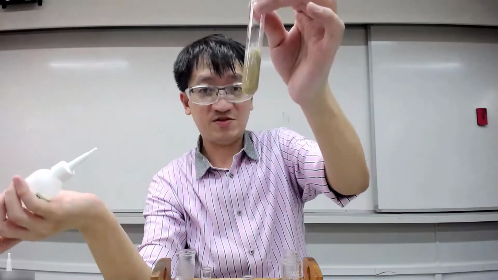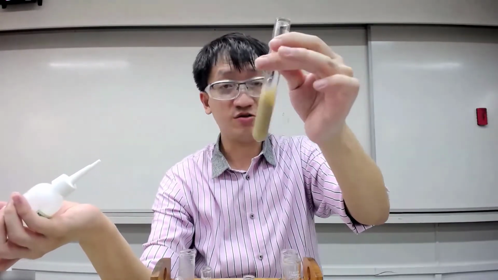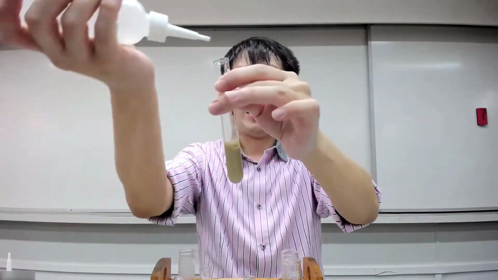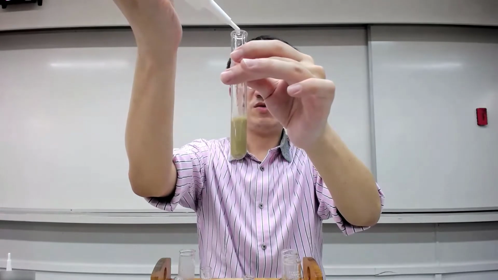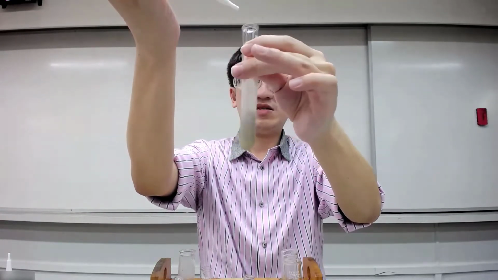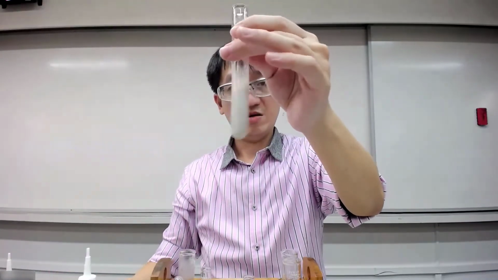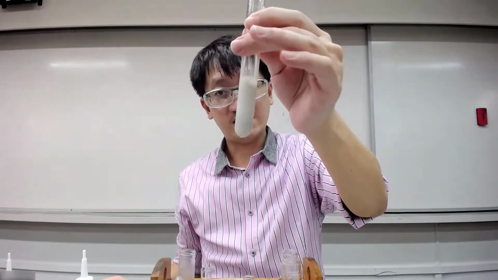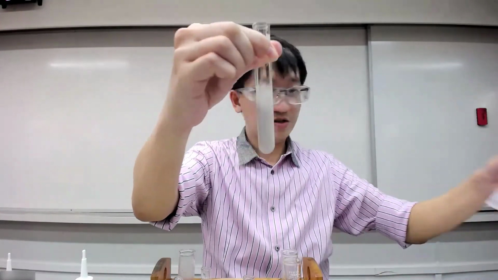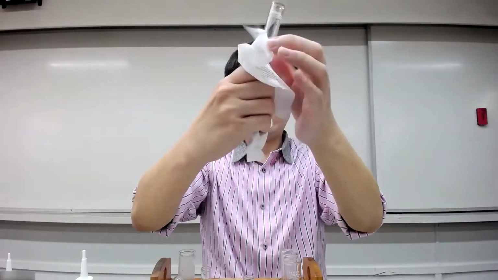If you don't add enough, this is what you observe. That's the problem sometimes when you are doing the practicals, you don't exactly know what's going on. So if you add enough, then let me just show you. You'll see the brown solution actually decolorized, because the iodine is now reduced to iodide. You're going to use a towel to clean a little bit.